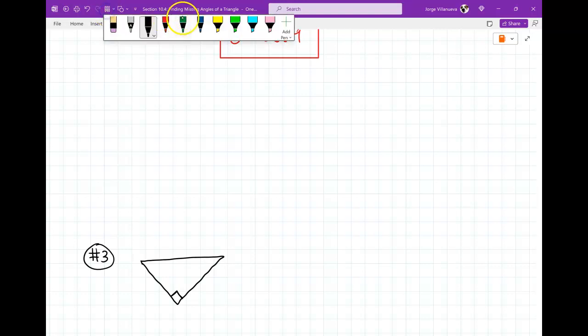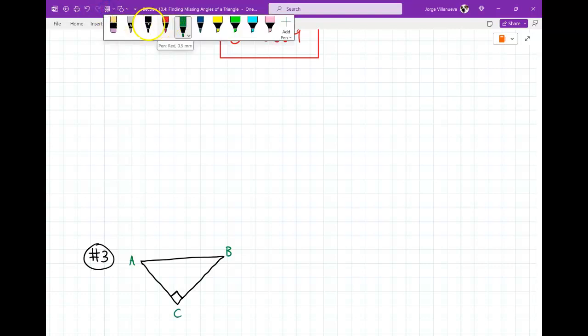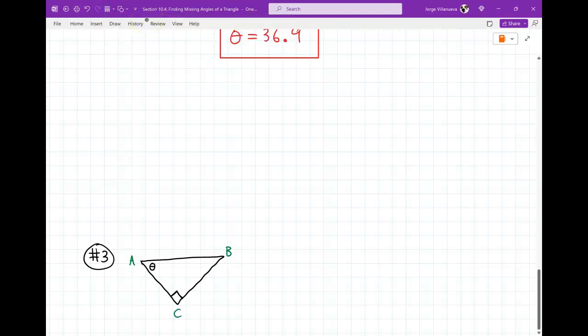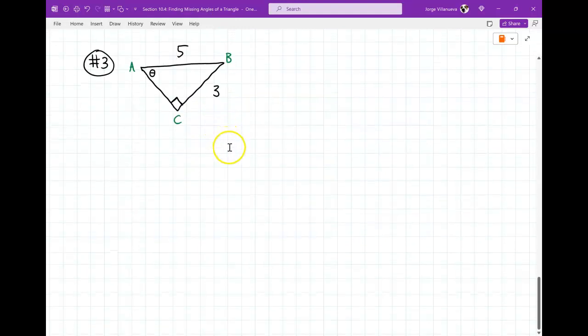So we'll make this A, B, and C. We'll let theta be here. We'll make this a 3 and a 5. So this one is not from your homework. I'm just making it up, but it's all right.